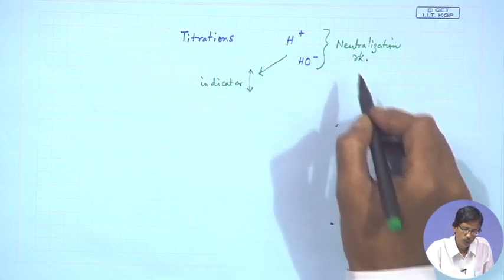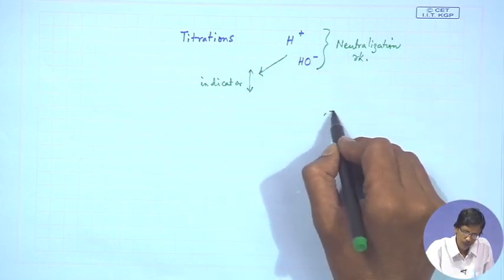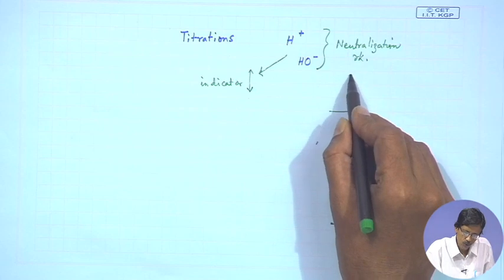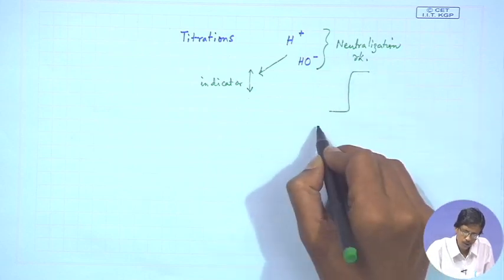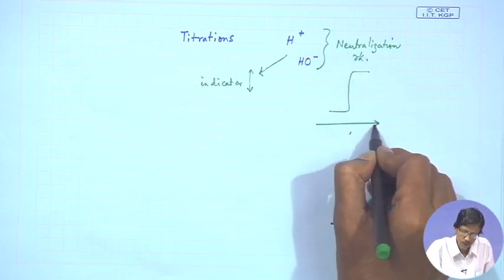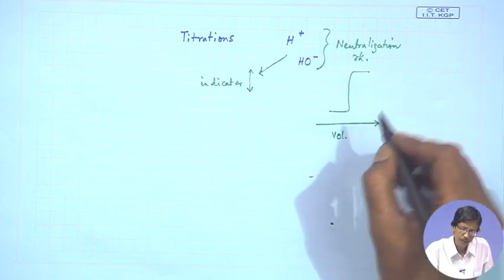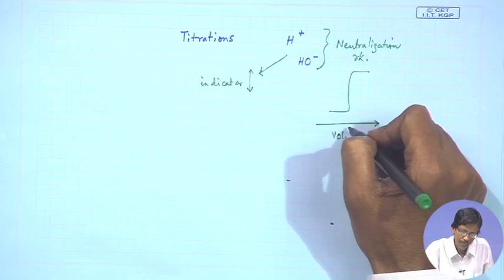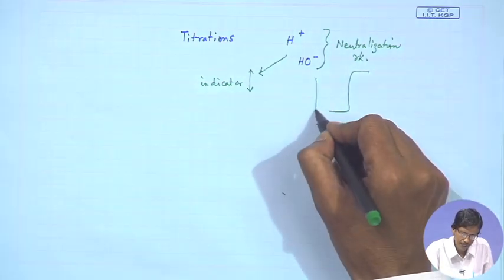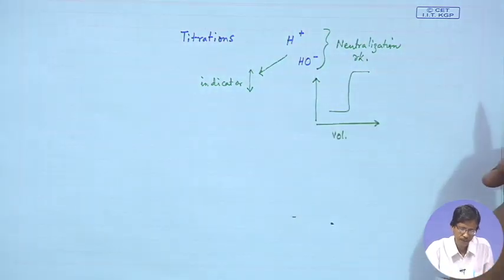And when it passes through some pH value, this is the typical plot where one axis is utilized for the volume of the titrant, that means if we add the corresponding acid or the base, and the other axis is that particular parameter.